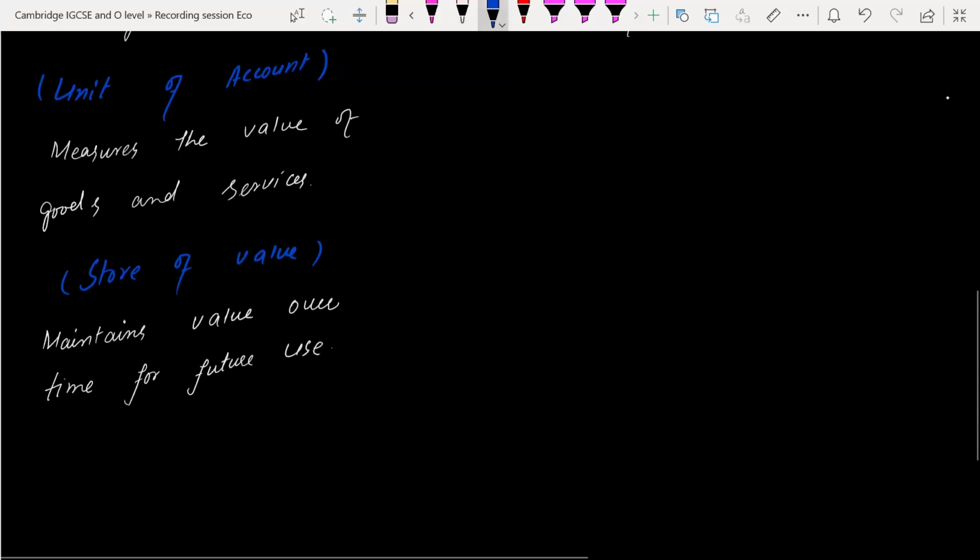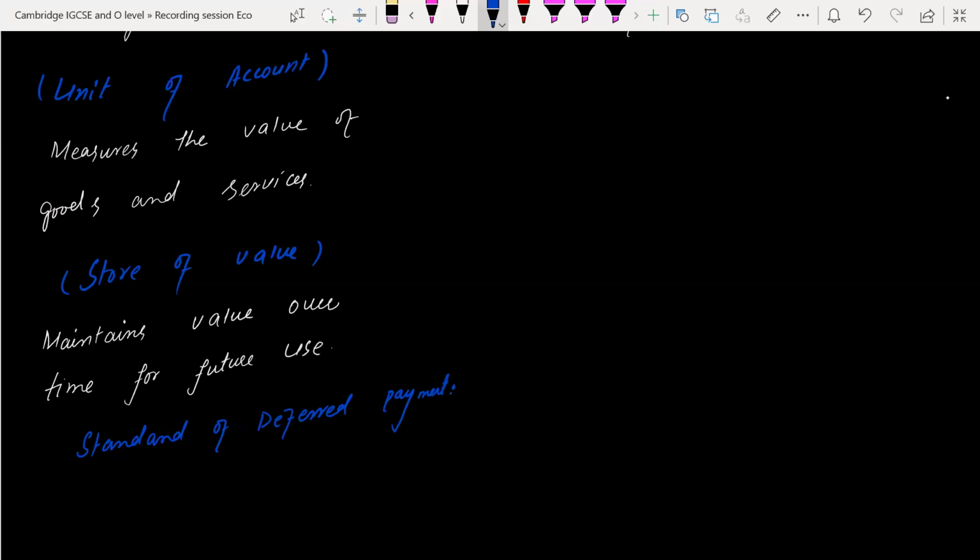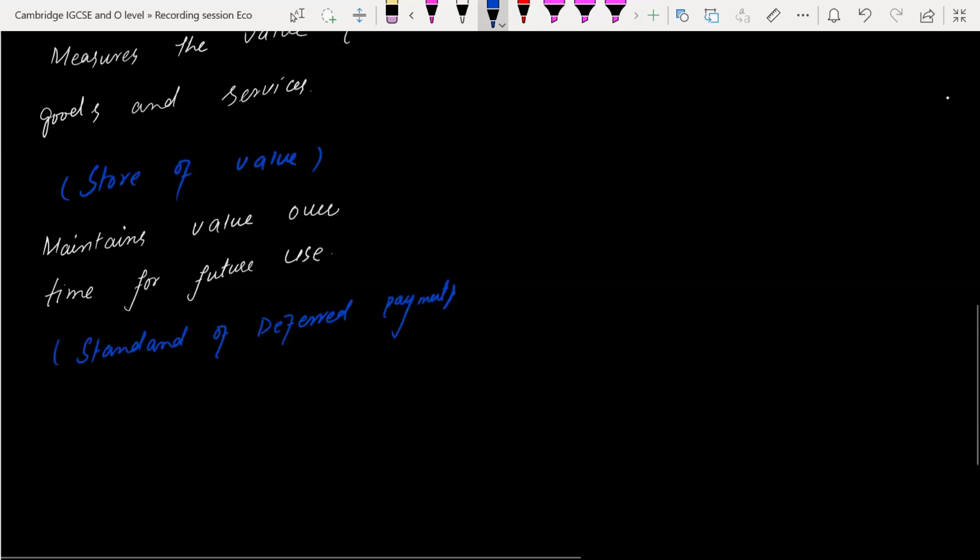Standard of deferred payments, the payments which we have to pay in futures.